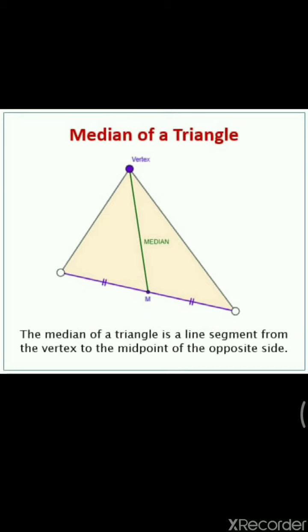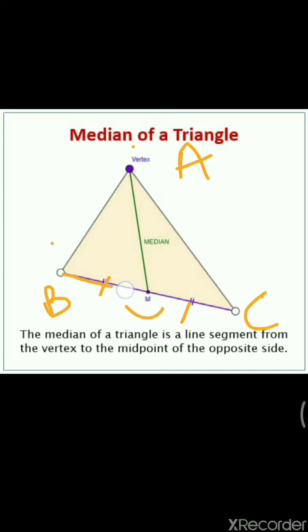Median of a triangle. We know in a triangle there are 3 vertices and 3 sides. Let's consider this triangle as ABC. Now mark M as midpoint of BC. Midpoint means BM is equal to CM. Let's understand what is a median.